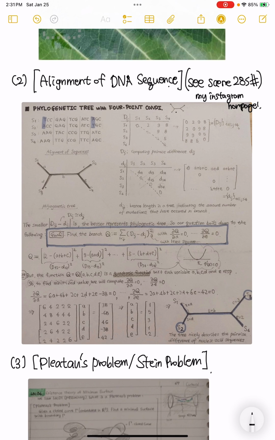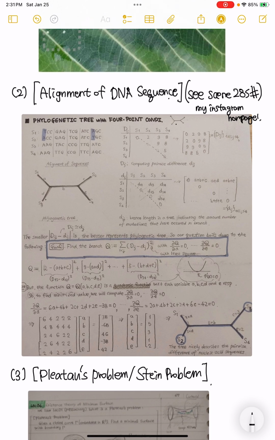By the mutation, or how far apart sequences are in the alignment of DNA sequences, we can plot the phylogenetic tree, showing which species are far and close between two species.